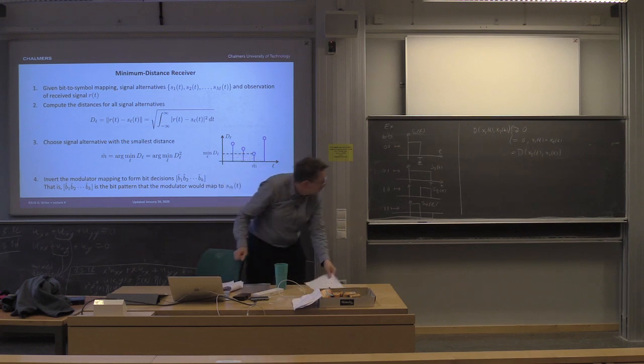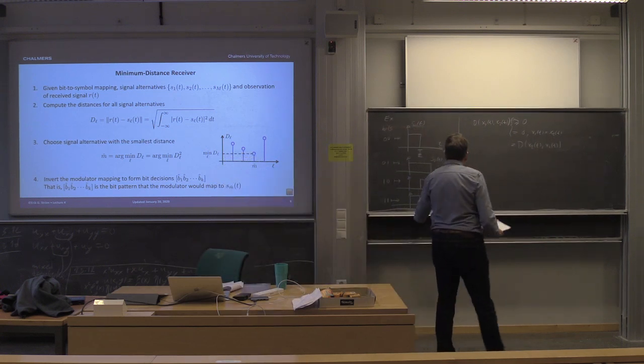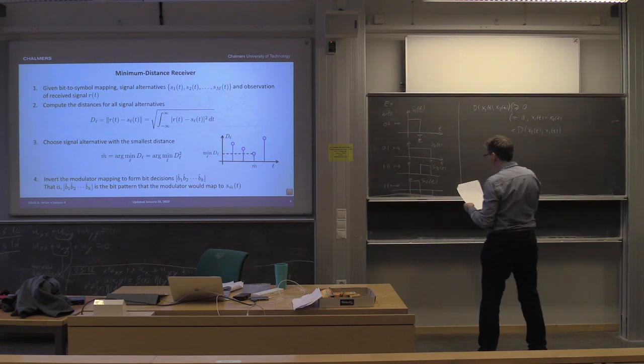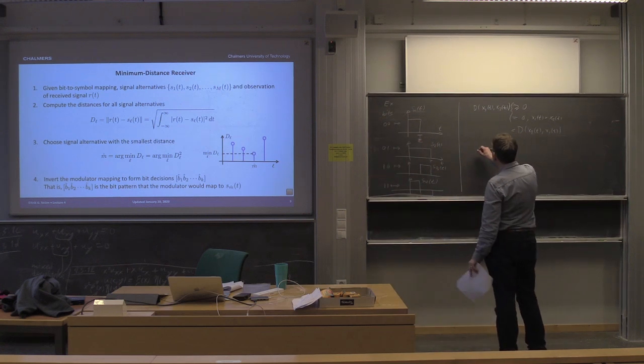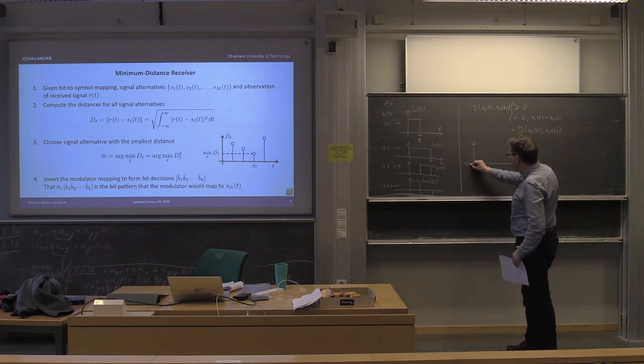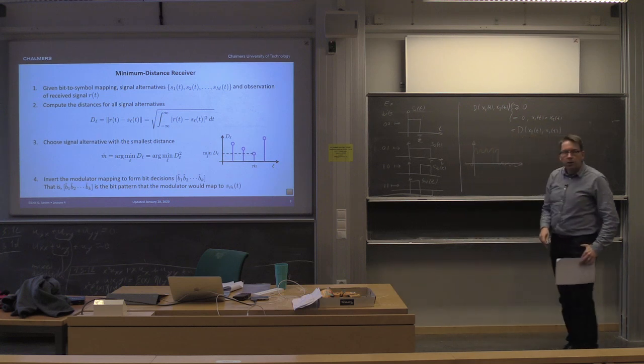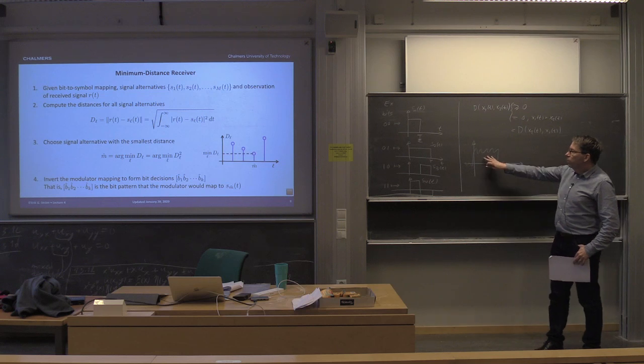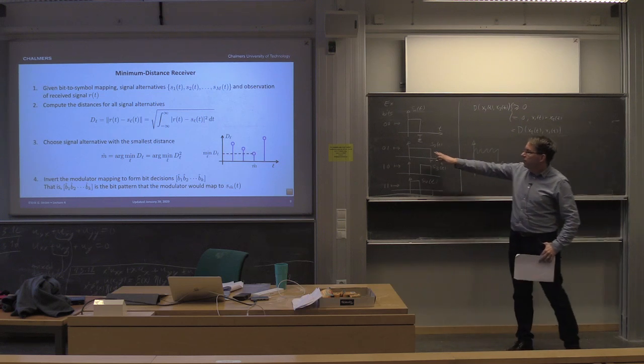So, continuing our example here. Suppose we then receive a signal that looks something like this. Then we can already expect, okay, maybe it's this signal.